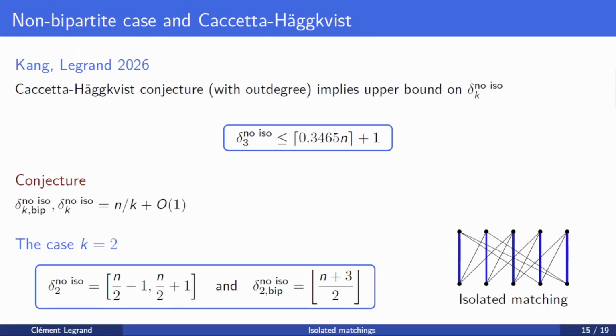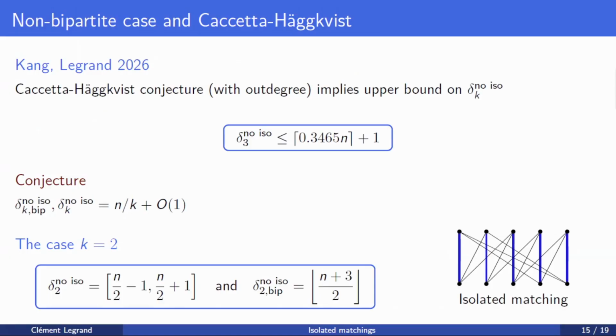For k equal to 2, though, the Caccetta-Häggkvist conjecture becomes much simpler. It's only about finding a graph that has no bidirected edge. So you want a graph that is directed but not oriented, basically. And then you could plug in this correspondence directly and get this n/2 bound.